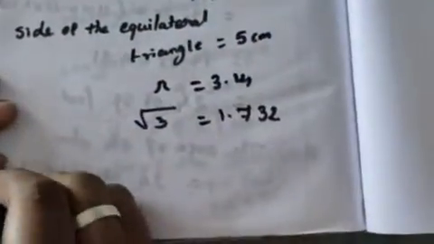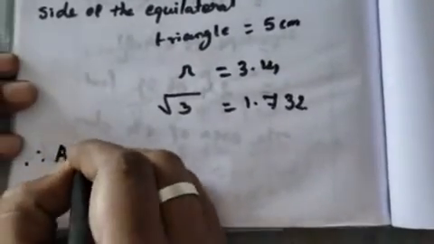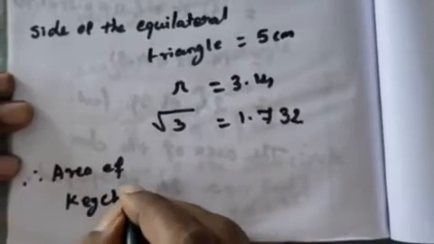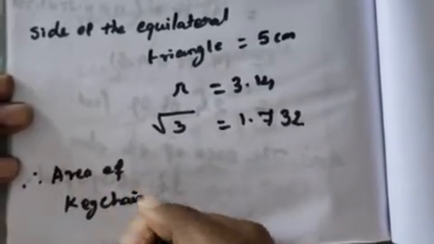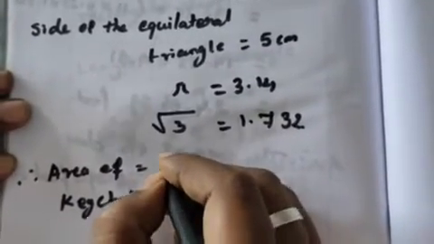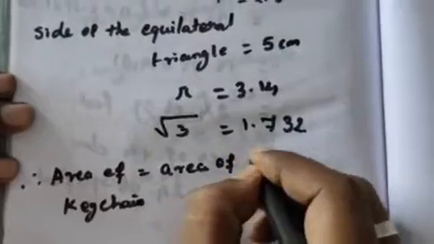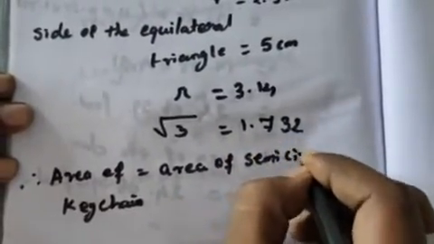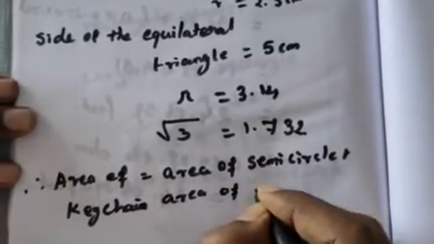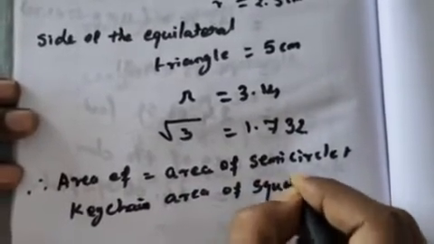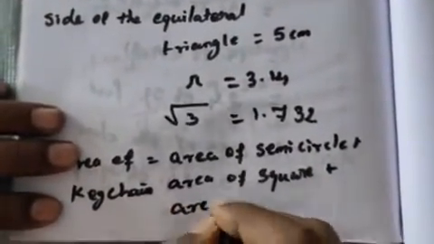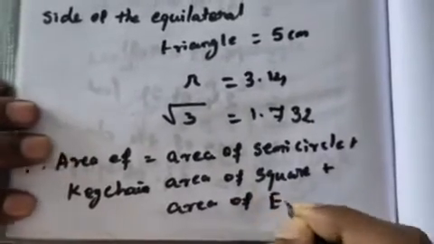Therefore, area of keychain is equal to area of semicircle plus area of square plus area of equilateral triangle.